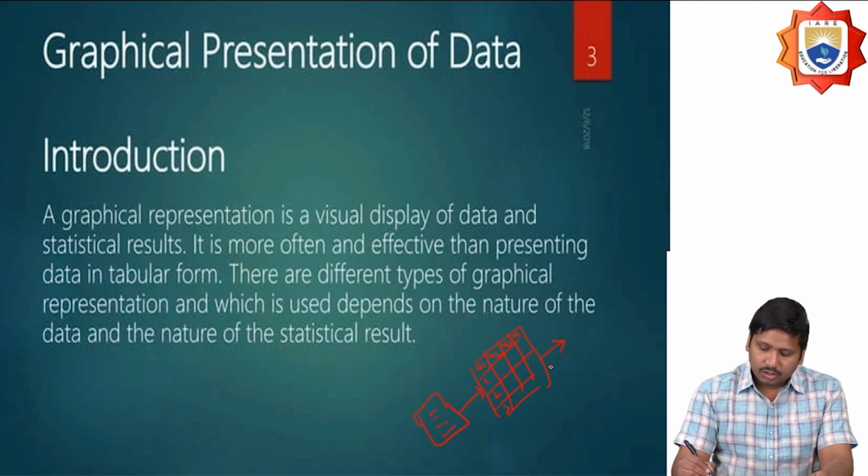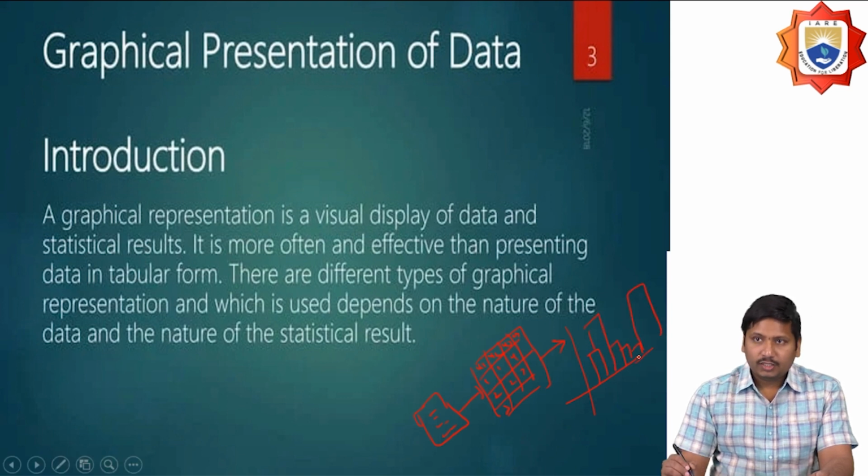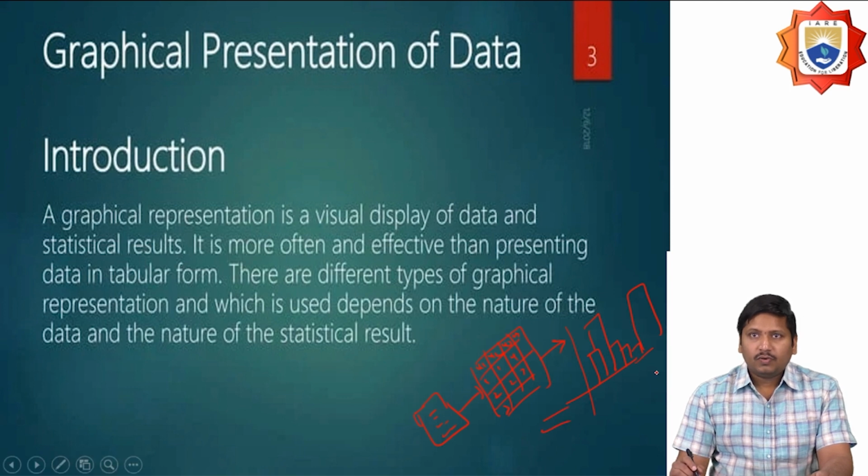But it is difficult to analyze the data in a table, so to avoid that, we show it in a form of representation that can be analyzed very easily. This form of data presentation should be preferred. Graphical representation is a visual display of the data, and it is more effective than presenting the data in tabular form. There are different types depending upon the nature of the statistical result.